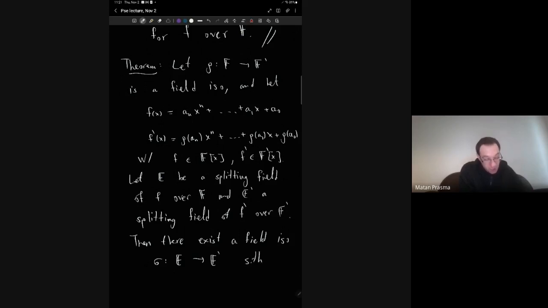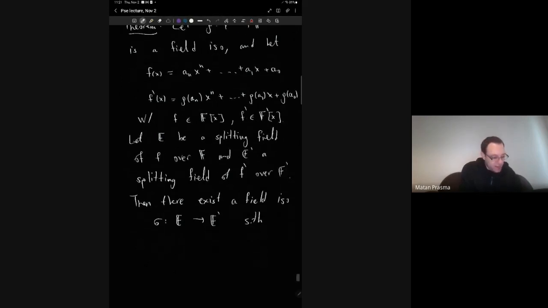And not only that it is an isomorphism, it restricts: when I restrict sigma to F, I get the original isomorphism rho.